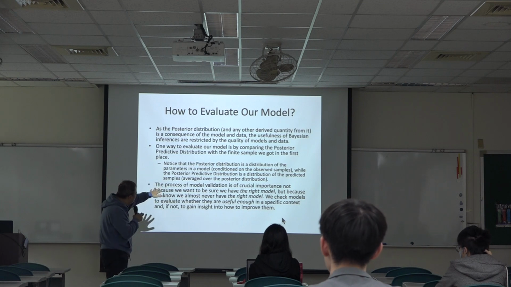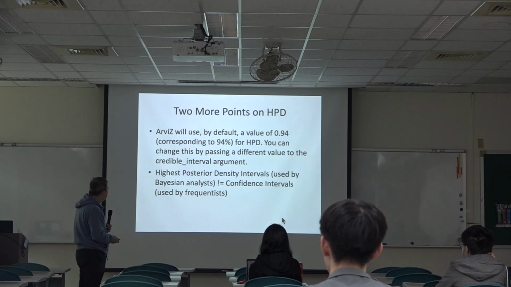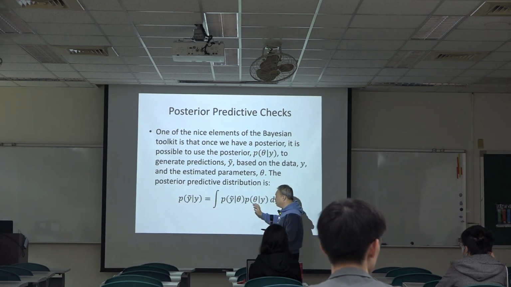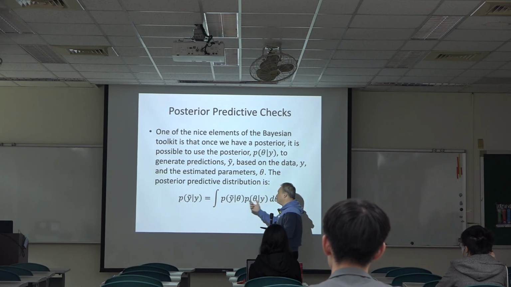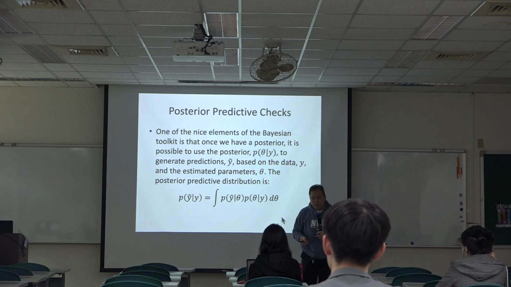And the posterior predictive distribution is a distribution of the predictive values, predictive samples, which is averaged over the posterior distribution. Why do I say it's averaged over the posterior distribution? Because, remember this formula, when you multiply by a probability distribution and do an integral, that normally means that you are averaging over that thing.